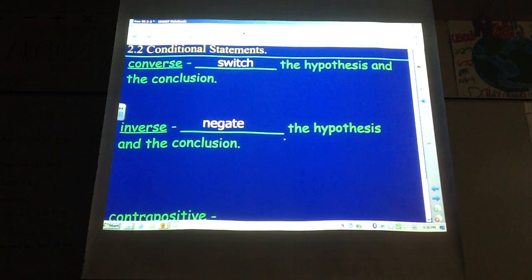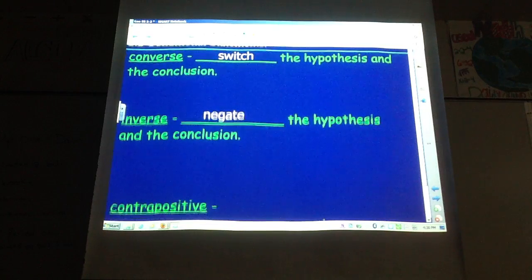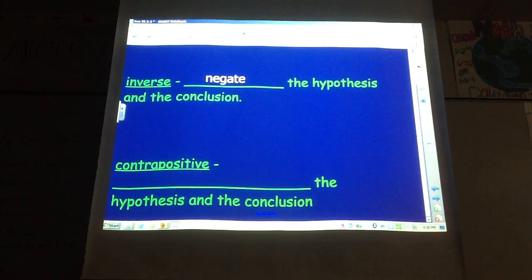So we're going to change the meaning of both the hypothesis and the conclusion. And the contrapositive kind of does both of those things. So it switches and negates the hypothesis and the conclusion.